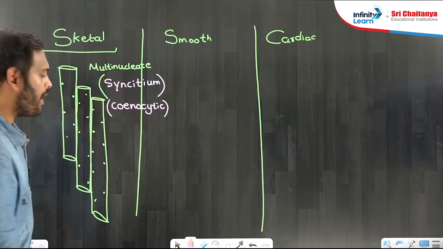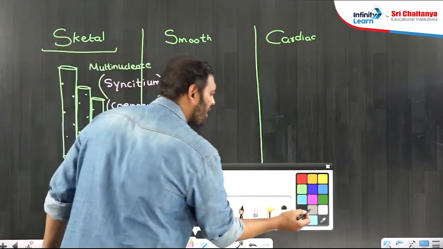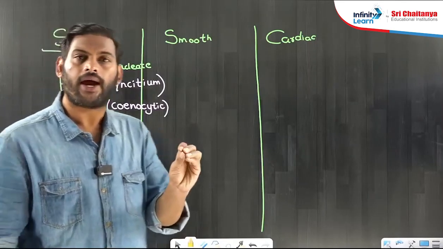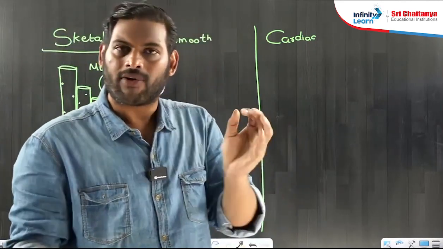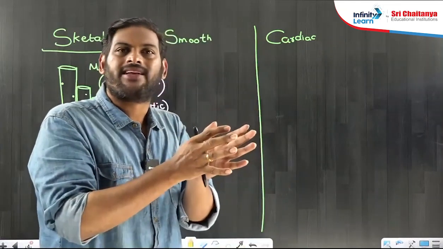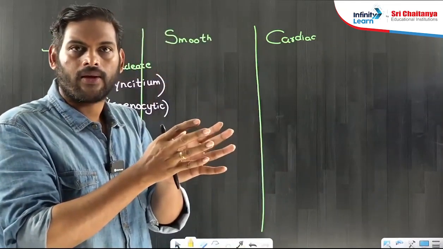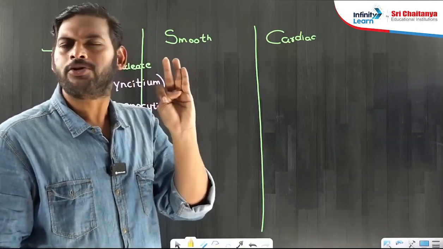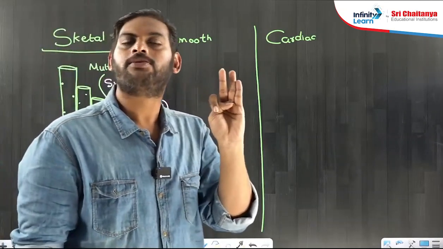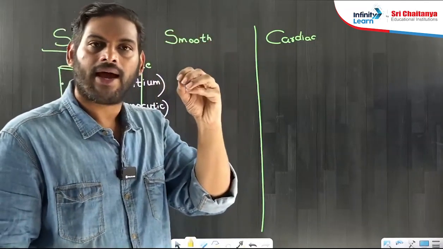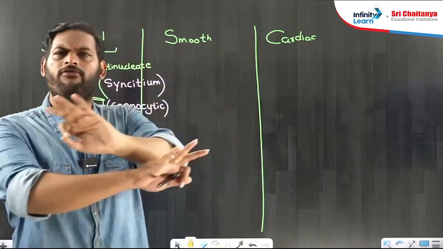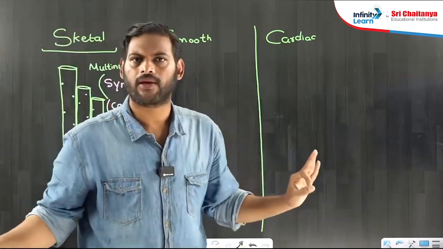And inside these skeletal muscle cells, actin proteins and myosin proteins are arranged in a regular pattern. Actin and myosin are the two most important proteins which help in contraction and relaxation of muscle cells. Every muscle cell will have them.